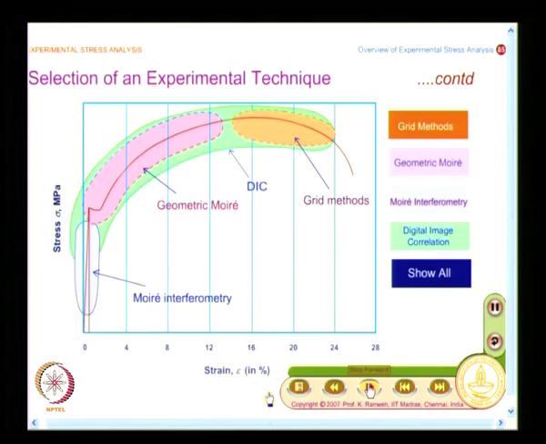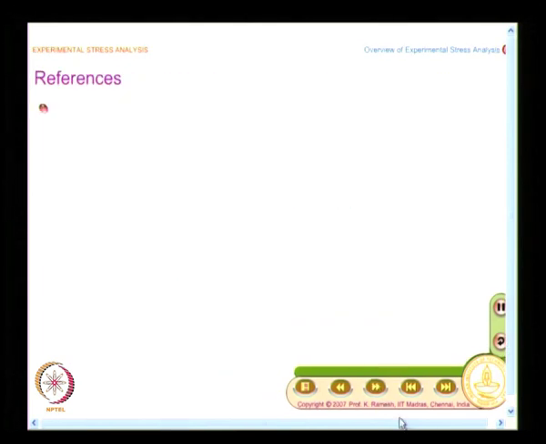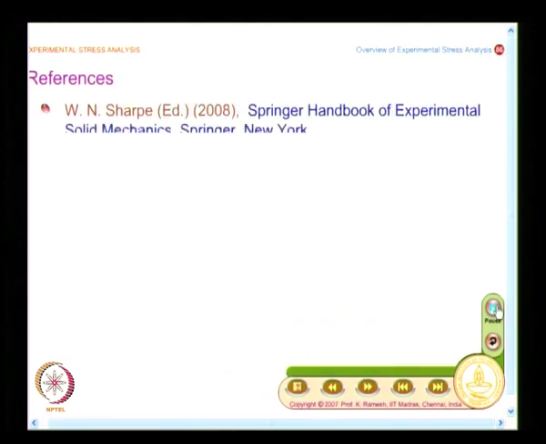And now we come to the important step of looking at what are all the references that you need to have a look at. And you have a recently published Springer Handbook of Experimental Solid Mechanics. This has a large number of techniques compiled in one volume, and this is the third edition of such handbooks from the Society for Experimental Mechanics, and this is edited by W.N. Sharpe.